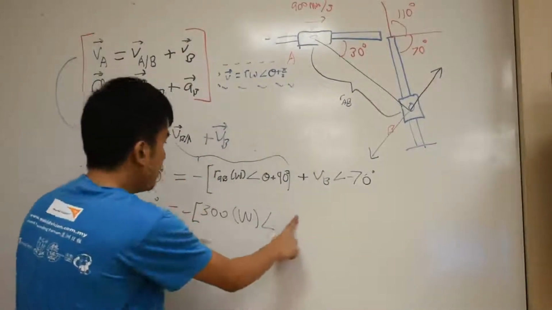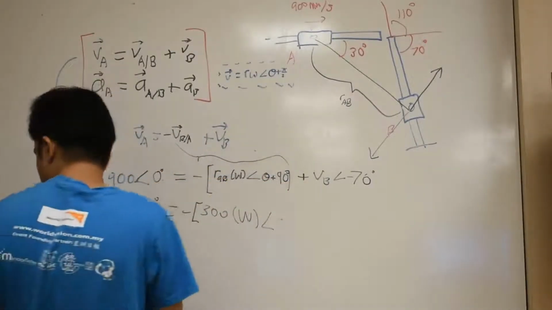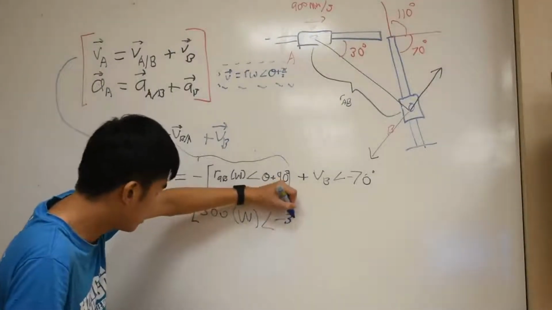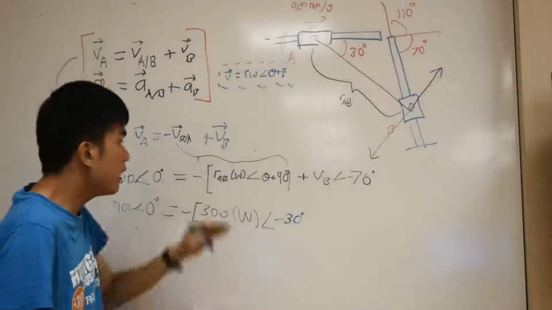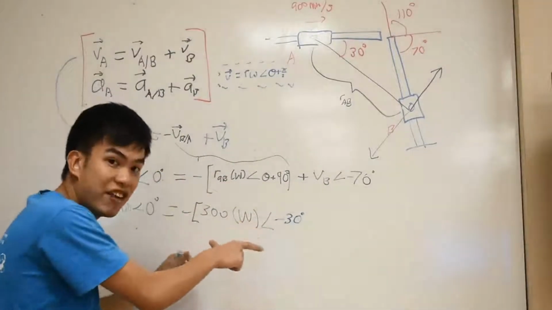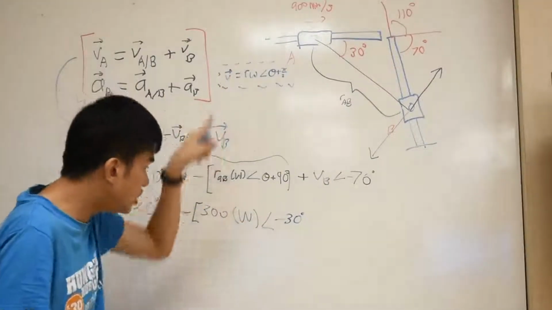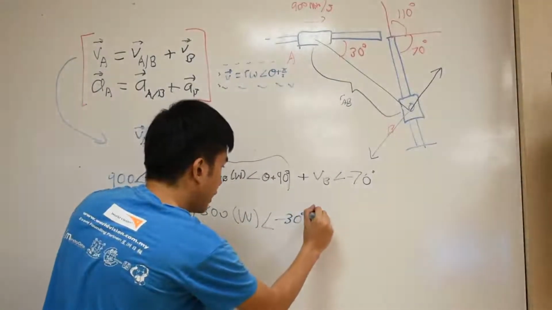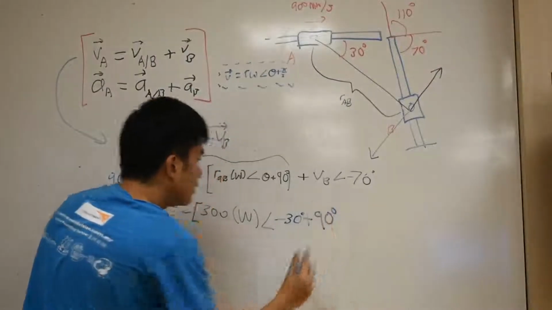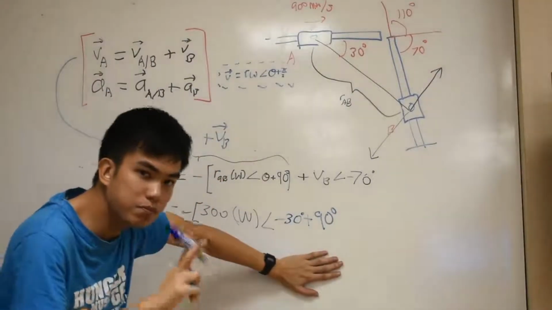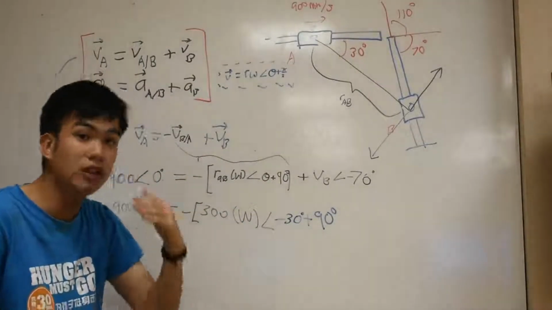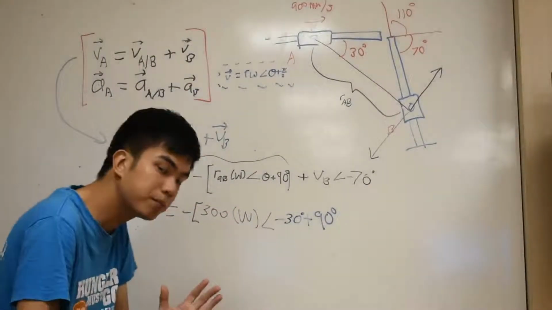Let's draw it down first. The position vector is negative 30 degrees. Okay. It means that the velocity direction will be equal to the position vector, negative 30, plus 90 degrees. This is the ultimate rule. It wouldn't be wrong as long as A and B are registering a circular motion about each reference frame.